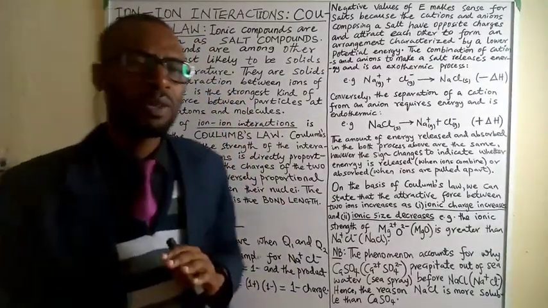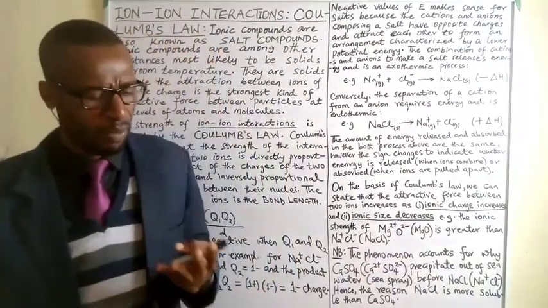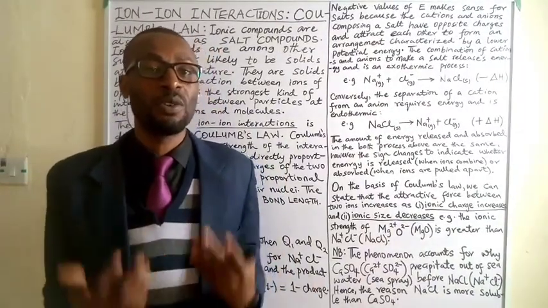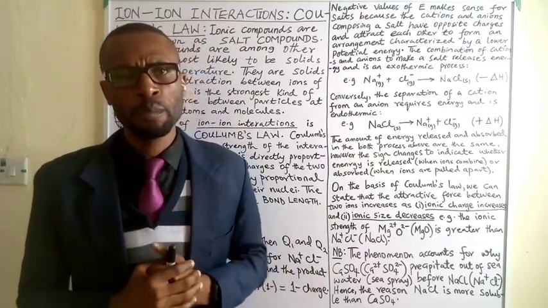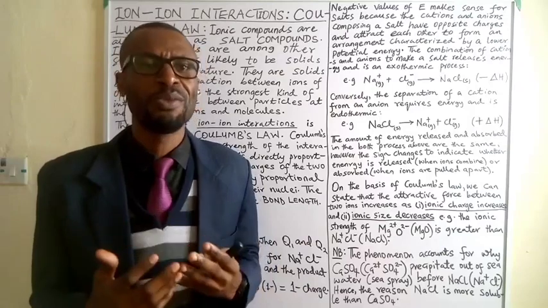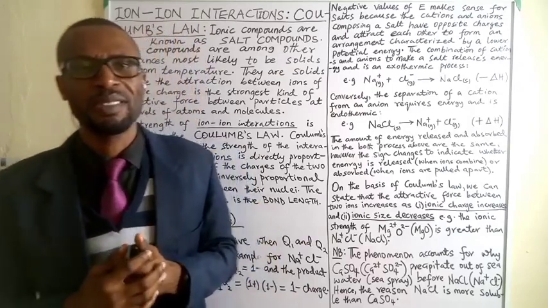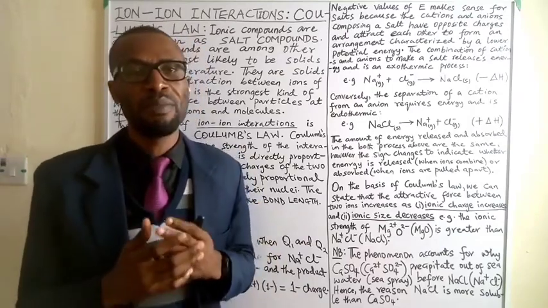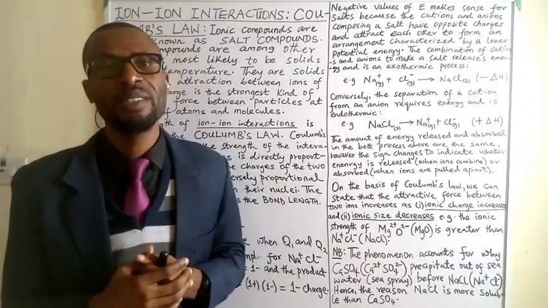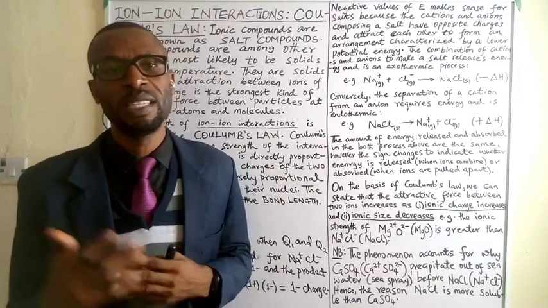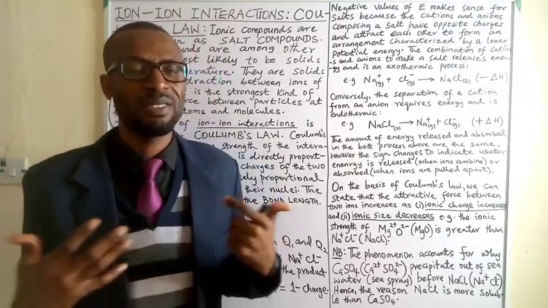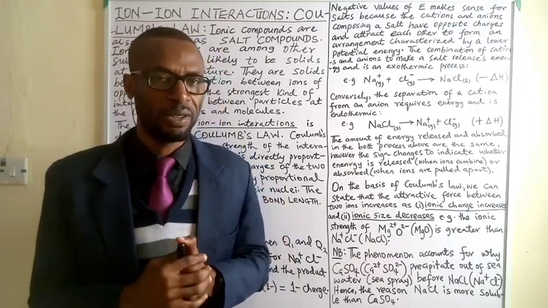When we talk about ionic compounds, it is important you know that sometimes we also refer to them as salt compounds. One thing we understood from our previous lectures is that ionic compounds are made when a positively charged metallic ion, a cation, is bonded to a negatively charged non-metallic ion by a strong electrostatic attractive force known as an ionic bond.